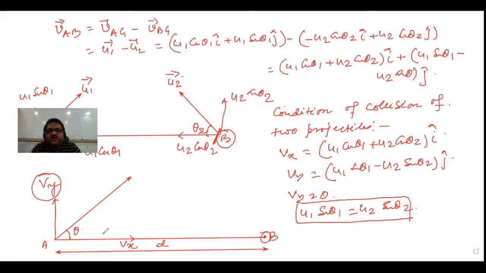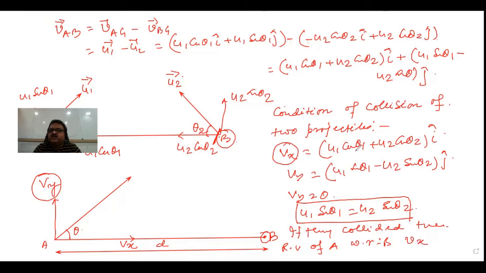Now, what is the relative velocity between A and B then? In this case, if they collided, then the relative velocity of A with respect to B is only this component Vx.